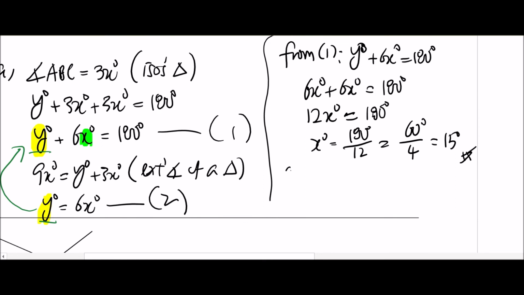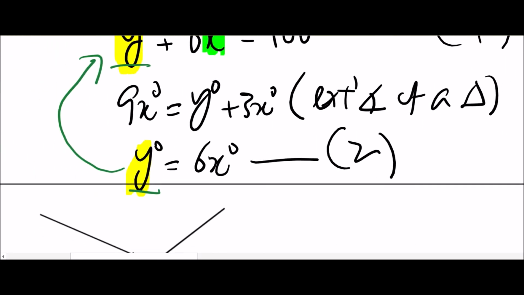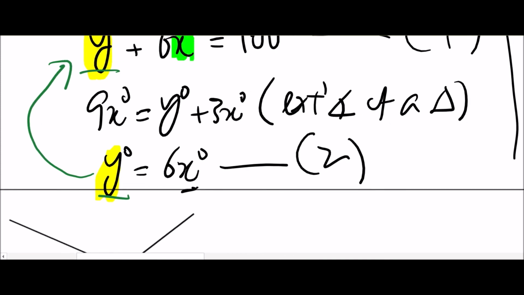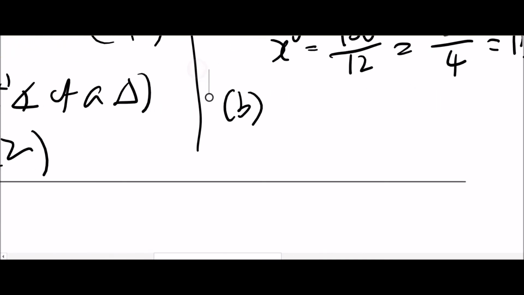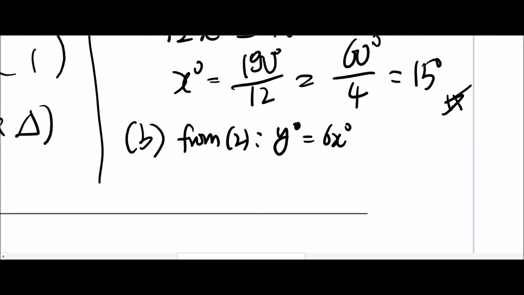Part B, how am I going to find angle y? Let's go back to information number 2. We have found x now. Can we go ahead and find y? Yes, we can. So from equation 2, y degree equals to 6x degree, and I'm just going to substitute x equals to 15 into it. 6 times 15 degrees gives me, oh, it's a right angle.